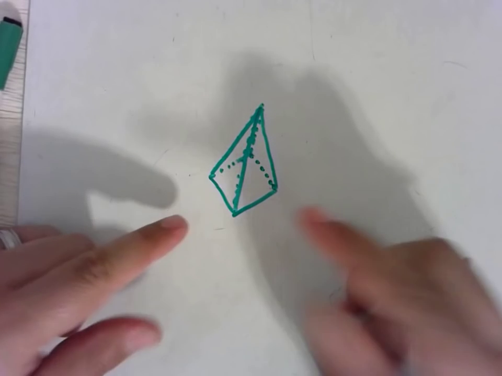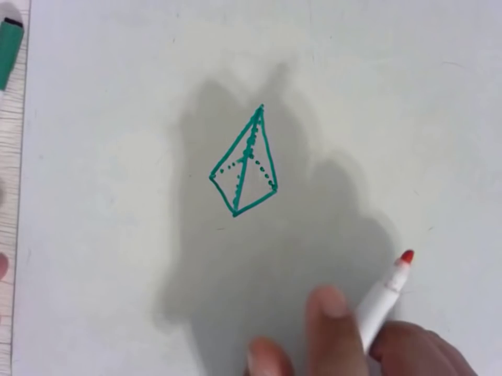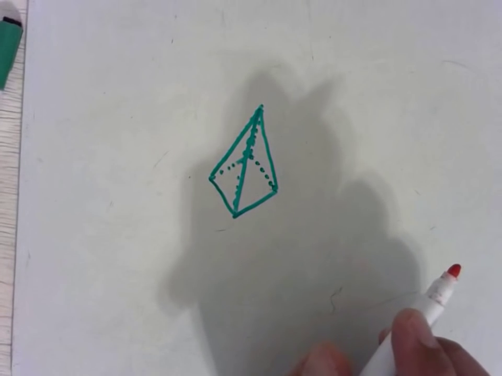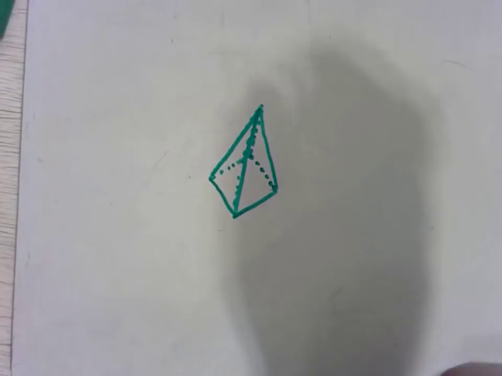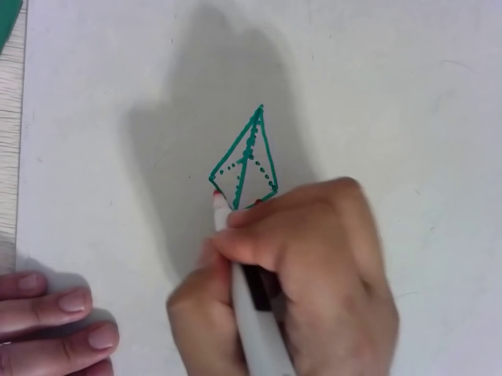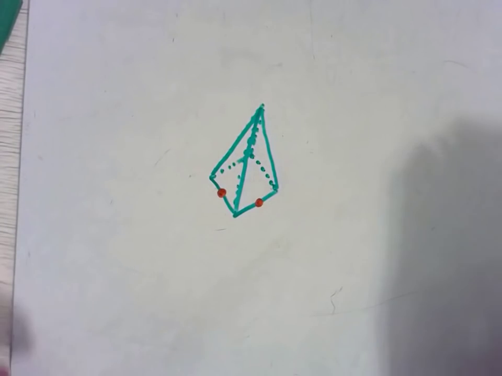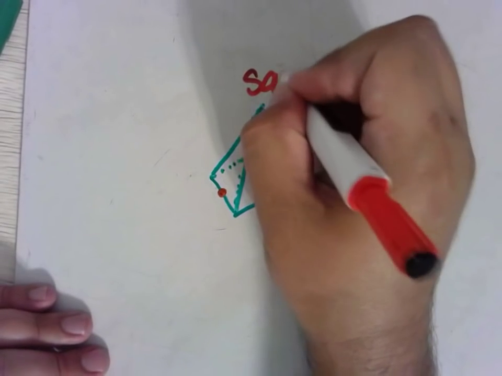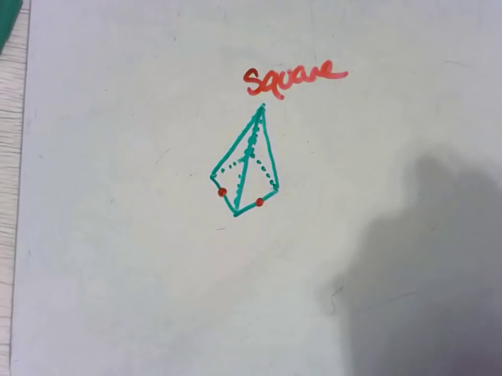So I'm taking a three-dimensional shape and I'm just slicing it. The plane intersects the pyramid at the midpoints of two base edges. This is the base. So the midpoint, two midpoints, and they called it a square. So it's a square pyramid.